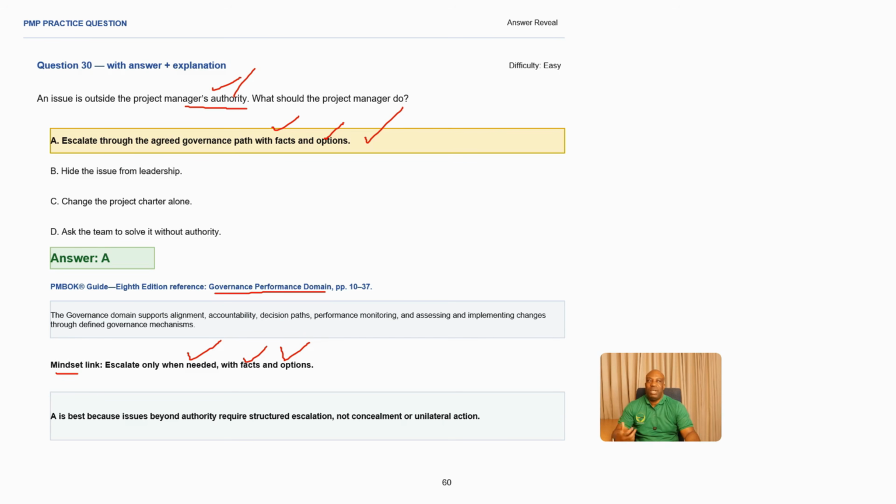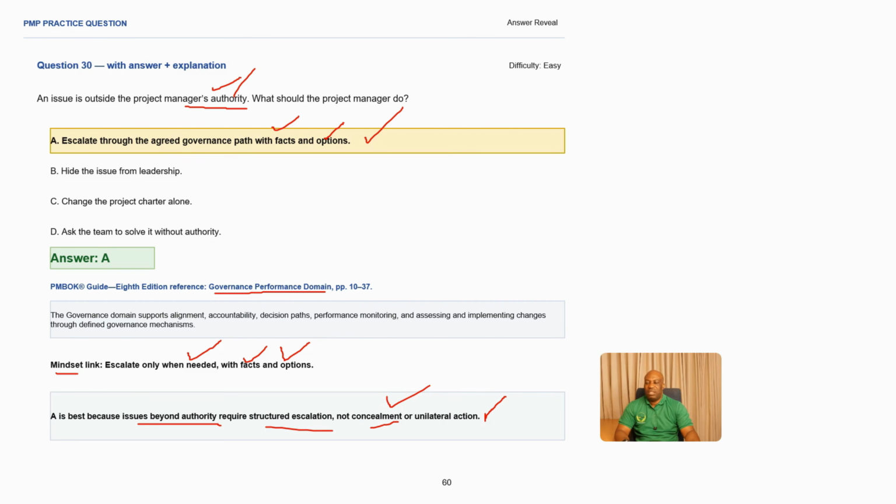There are cases where you don't need to escalate to the project sponsor, steering committee, or senior management. But there are cases where you have to escalate, especially if it's beyond the project manager's authority, or if it requires approval. Making A the best answer because issues beyond authority require structured escalation, not concealment or unilateral actions.